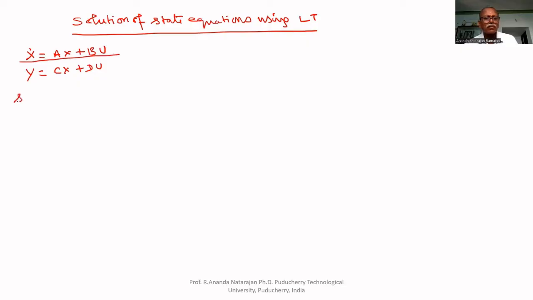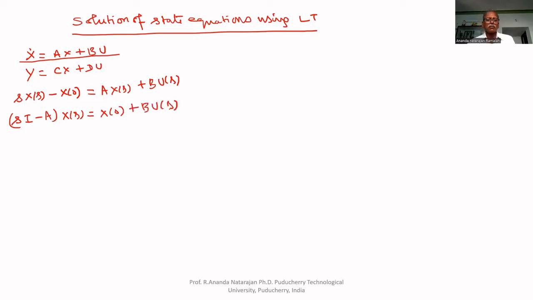We will get sX(s) minus X(0) equal to AX(s) plus BU(s). If we combine all X(s) together, we will get (sI minus A), where I is the identity matrix, X(s) equal to X(0) plus BU(s). Multiply on both sides by (sI minus A) inverse.